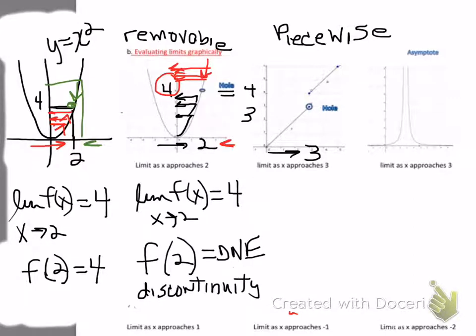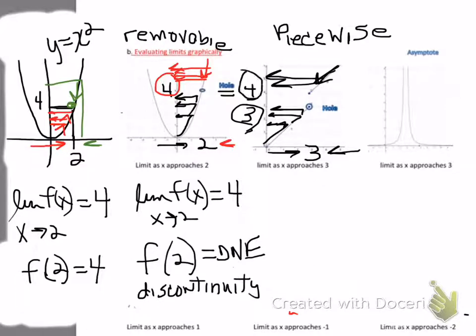As I approach 3 from the left, I go up my curve and read over. From the left, I am converging on 3. Then I come from the right, down my curve and over to read my y values. When I come from the right, I am converging on 4.